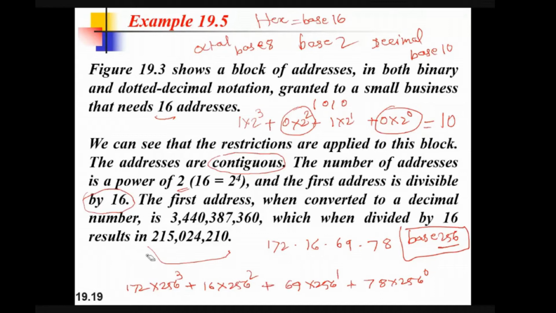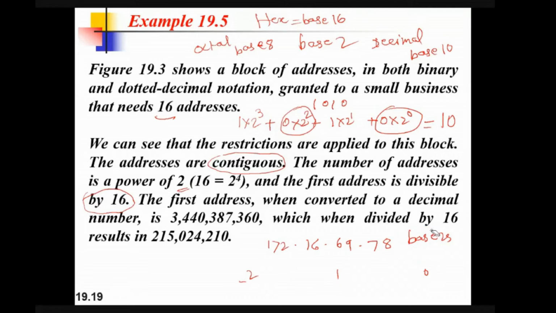So in classless addressing, you have to follow 3 rules. The first rule is that the addresses should be contiguous, so addresses should be continuous. The second rule is that the total number of addresses should be a power of 2, so there should be either 1, 2, 4, 8, 16, 32, 64, 128, 256, 512, 1024, and so on.